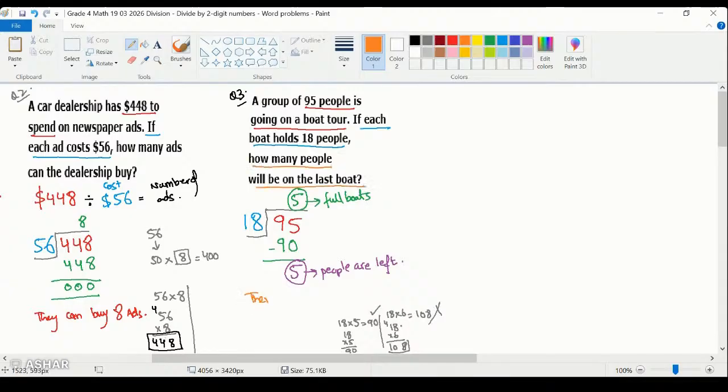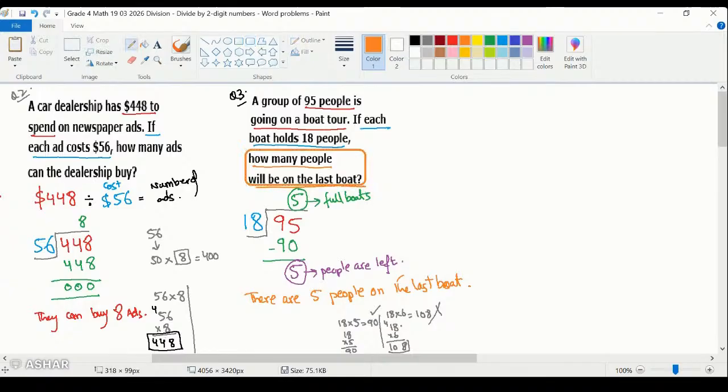There are 5 people on the last boat. Agreed? Do we agree on this? Okay. So the question was how many people will be on the last boat? And we can say there are 5 people on the last boat.